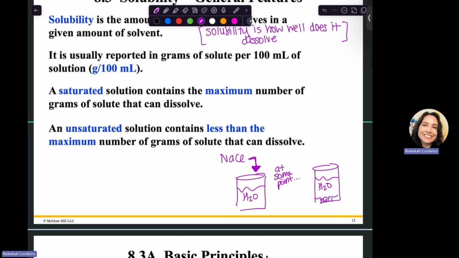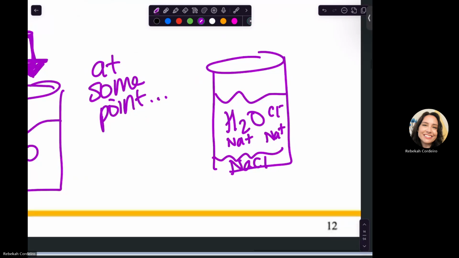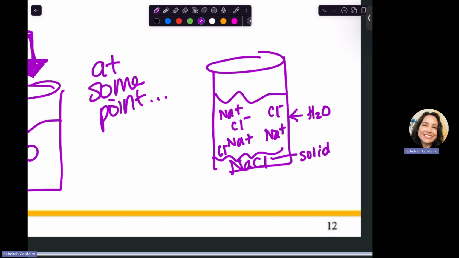In this water, we would have NaCl ions hanging out up here. Let me remove the H2O so it's a little easier to see. We would have those ions hanging out, but then you would have this solid at the bottom.